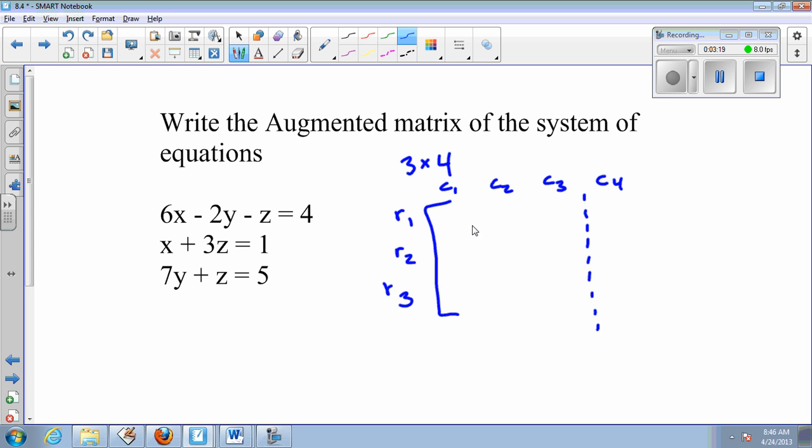Okay, so let's start filling it in. Row 1 goes 6, -2, -1, 4. Row 2, there is nothing for a y, so column 2 is 0, 3, 1. Row 3 has no x, so it is 0, 7, 1, 5.